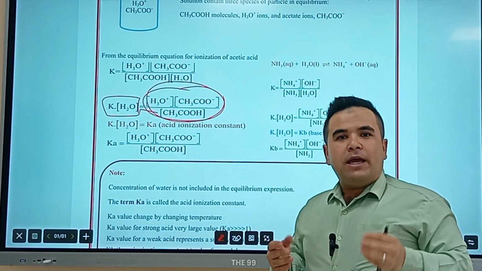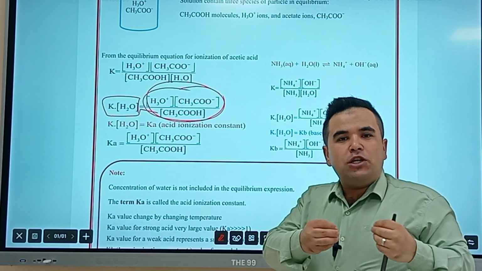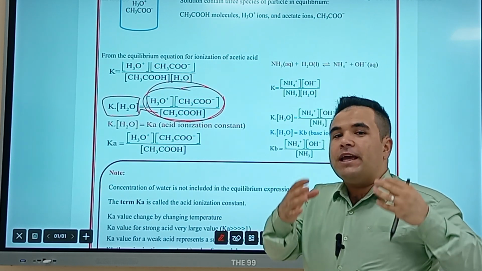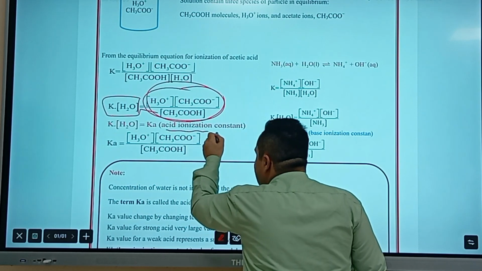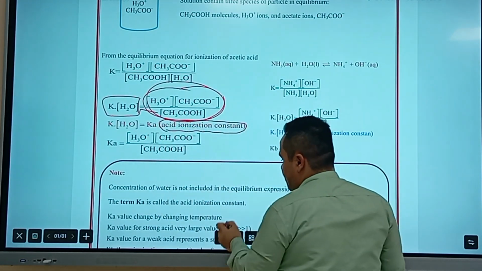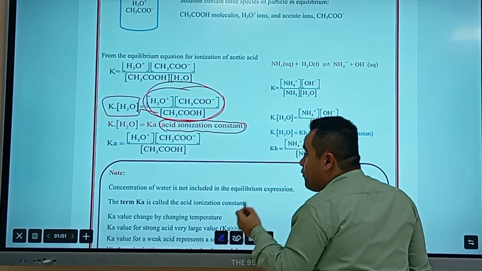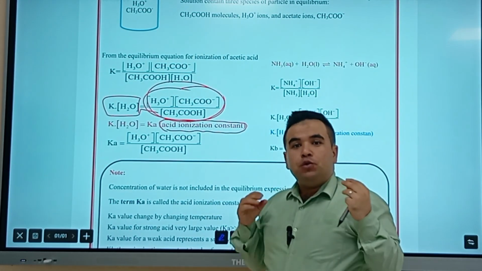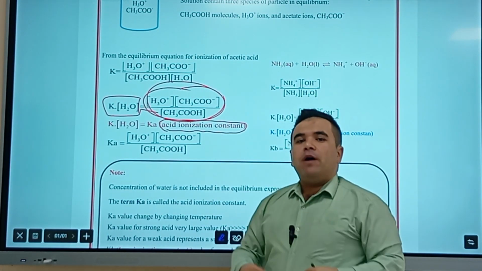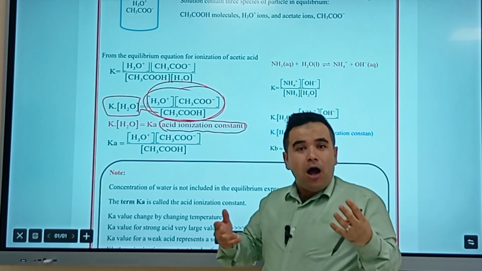Guys, the hydronium with the anion over the concentration of the weak acid, in chemistry we call Ka. We represent it by Ka as the constant ionization of weak acids, or the acid ionization constant. Through the Ka value, we will be able to determine the degree of ionization of the weak acids. How?